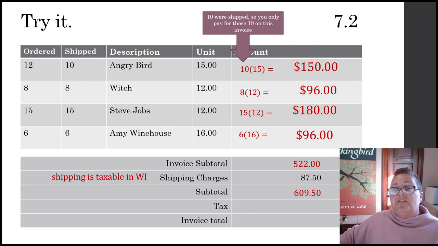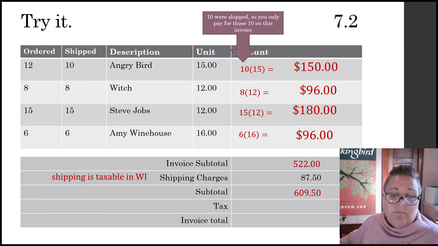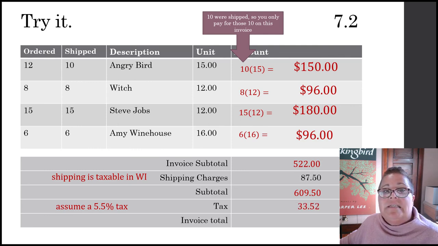Now, because the shipping is taxed in Wisconsin, we have to have that in before we calculate the tax. Tax in La Crosse County in the city of La Crosse is 5.5%. So I'm going to add the tax of 0.055 times the $609.50 to get a tax of $33.52.